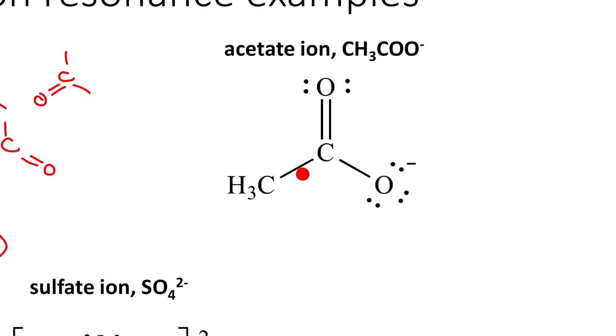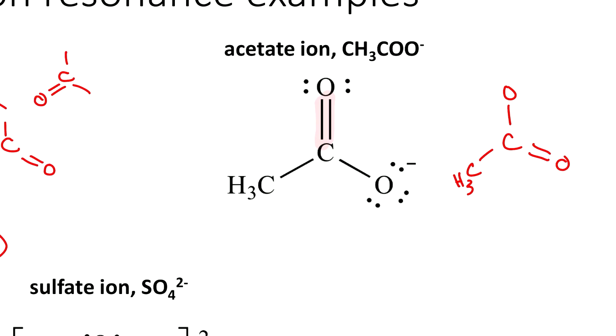You cannot. Why can't I put the double bond here? Because there are no lone pairs on this carbon atom. So in this example for acetate, there's only 2 resonance structures I can draw. One has the double bond up here, and the other has the double bond down there with the other oxygen. And this CH3 group has to remain the same, all right? So notice that this example only has 2 resonance structures.